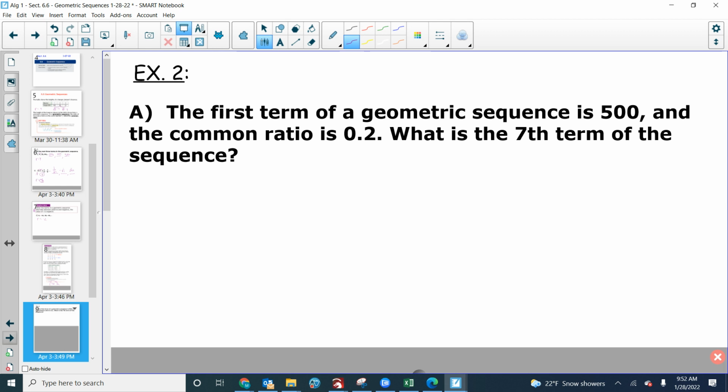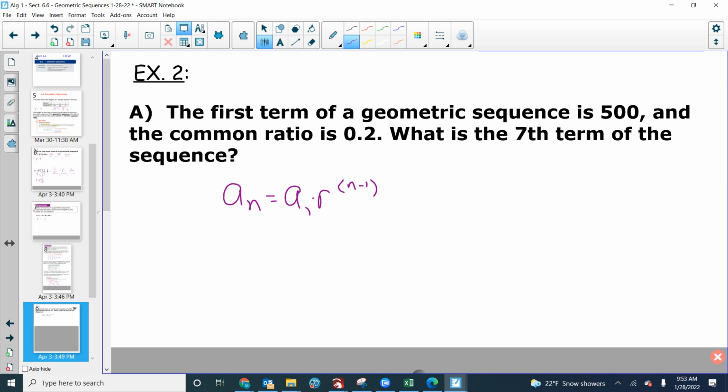Let's write our equation. What do we got? A sub n equals what? A sub 1 times r to the... no, n. It's got to be n minus 1, guys.